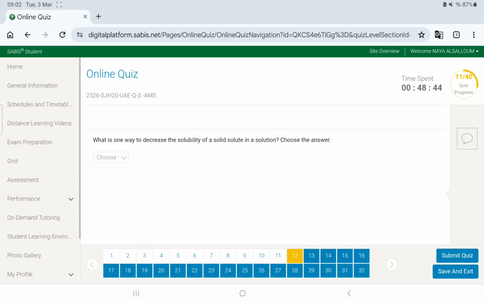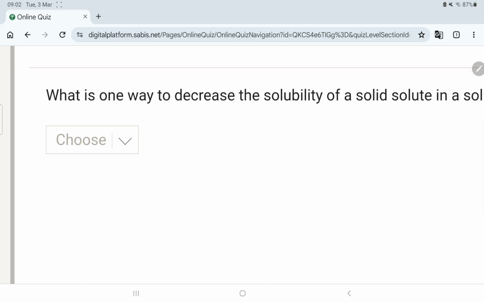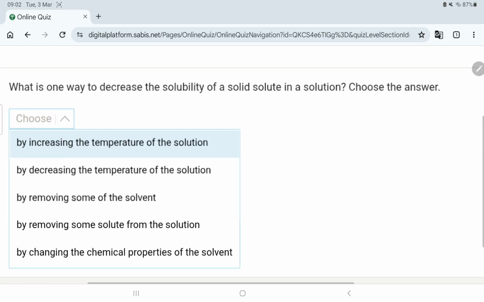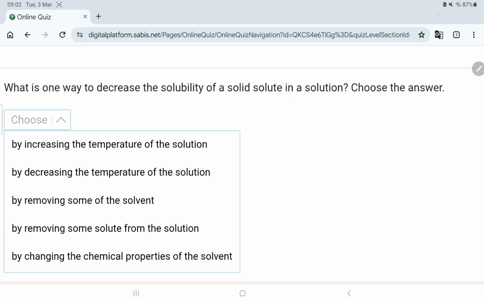What is one way to decrease the solubility of a solid solute in a solution? This is something you need to know. Solubility and temperature. I'm going to write temp, but this means temperature.